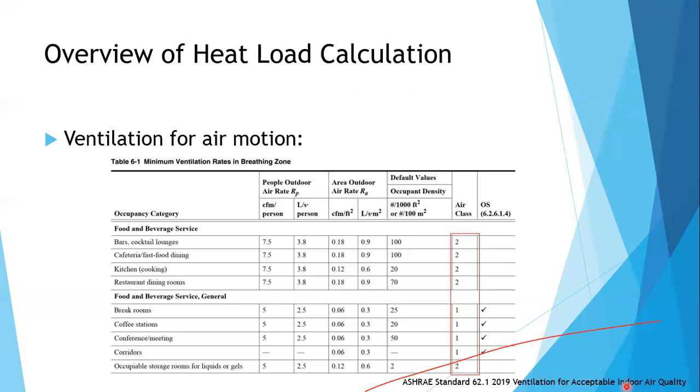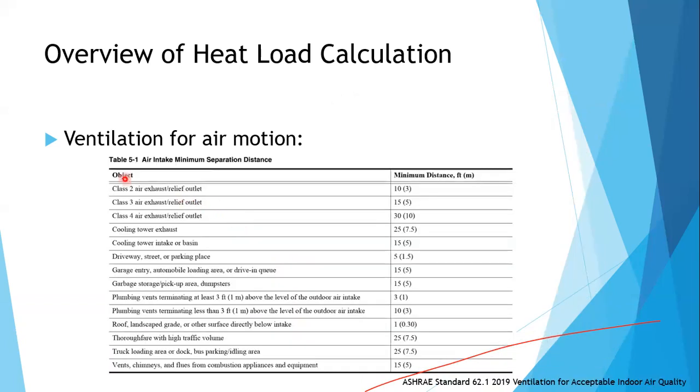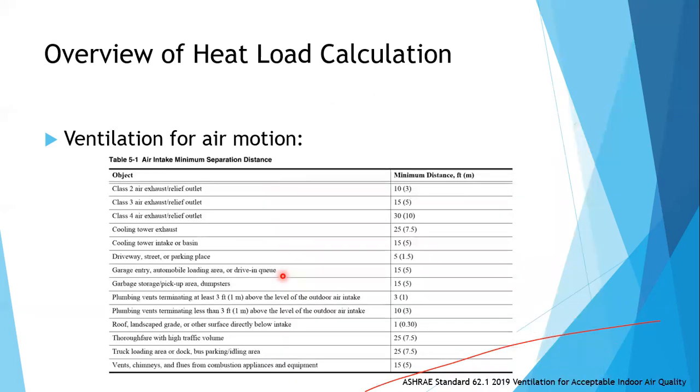So here we also discussed the cross-contamination. This is table 5.1, again from the same standard, which will tell you the minimum distance. So we said earlier 5, so this is the one, class 3 exhaust and relief, 5 meters. So from here to here is 5 meters.